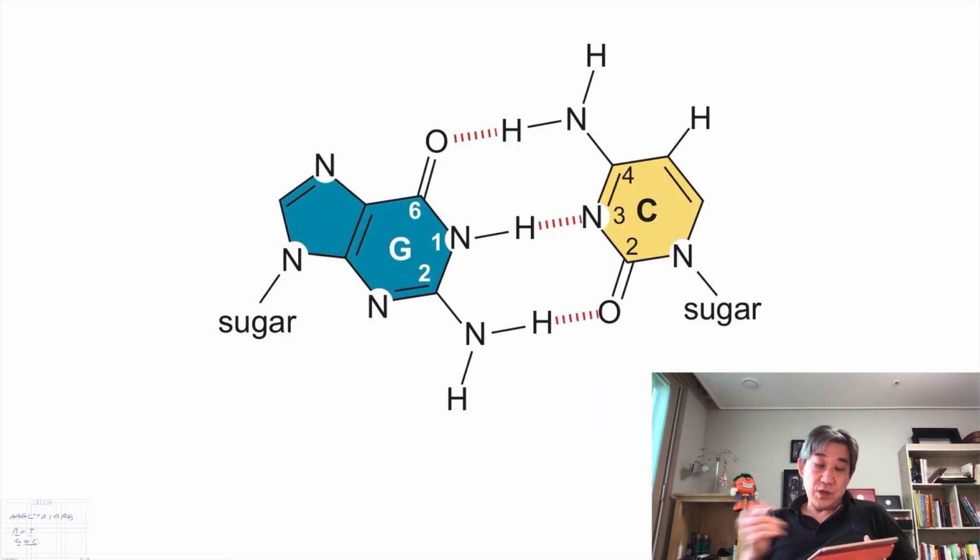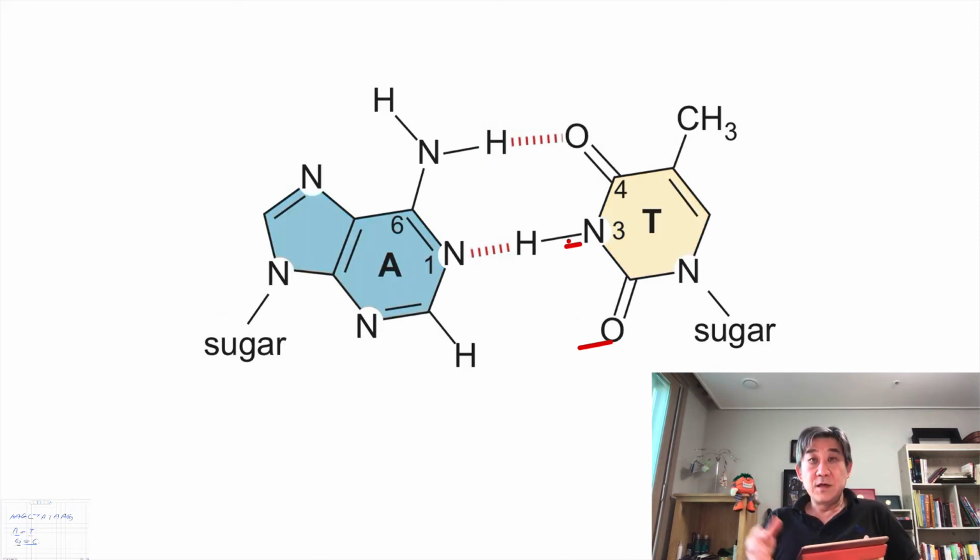Between guanine and cytosine, three hydrogen bonds are possible, whereas between adenine and thymine, only two hydrogen bonds are possible.